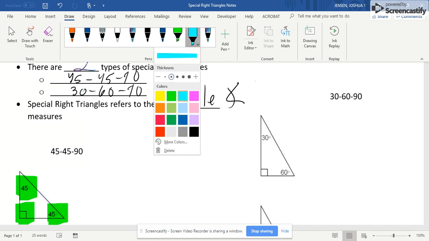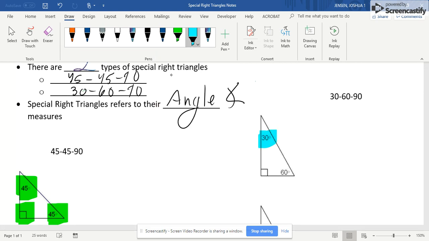On the 30-60-90 side, we have a 30, a 60, and a 90. So special right triangles is just referring to the angle measure. Today we're just going to look at the 45-45-90. We'll take on the 30-60-90 later.